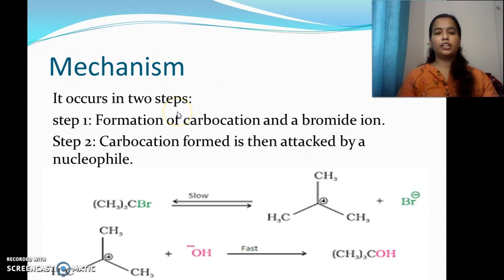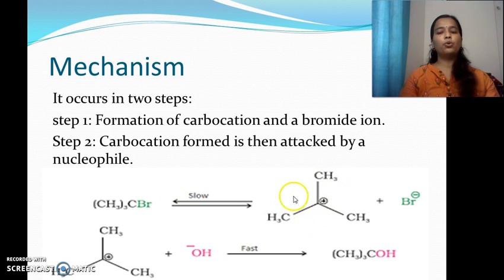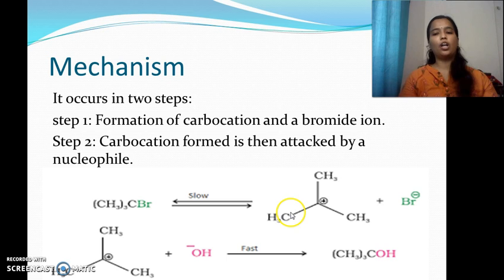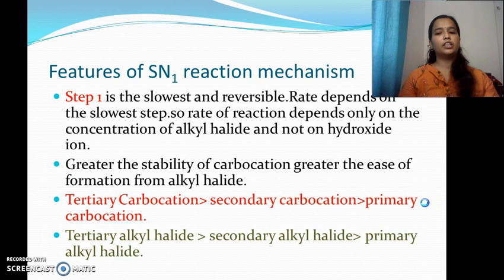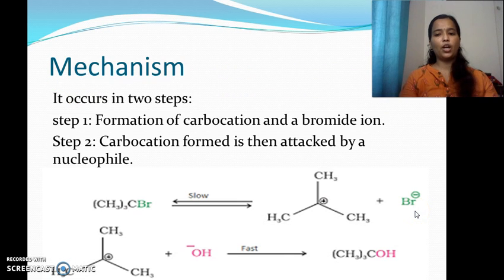So it takes place according to the mechanism. It takes place in two steps. The first step is the formation of carbocation. That is, in the first step, tertiary butyl bromide will get converted to carbocation. Carbocation means carbon with a positive charge. And the halogen atom gets departed as bromide ion.